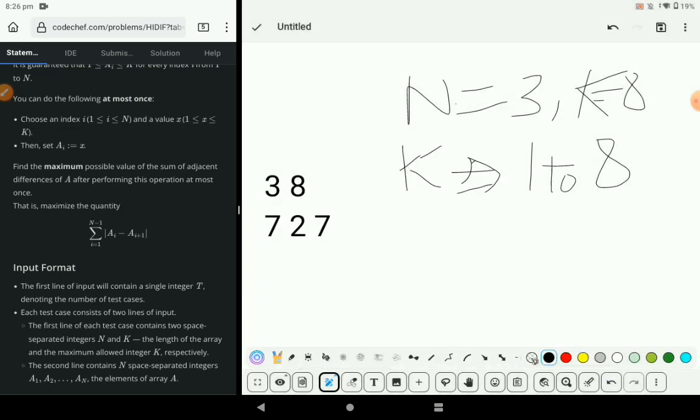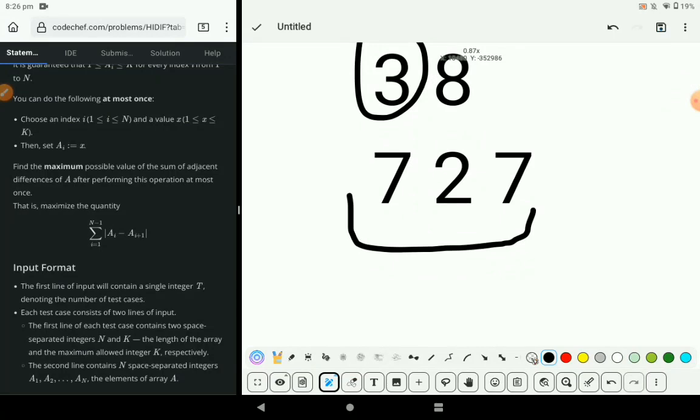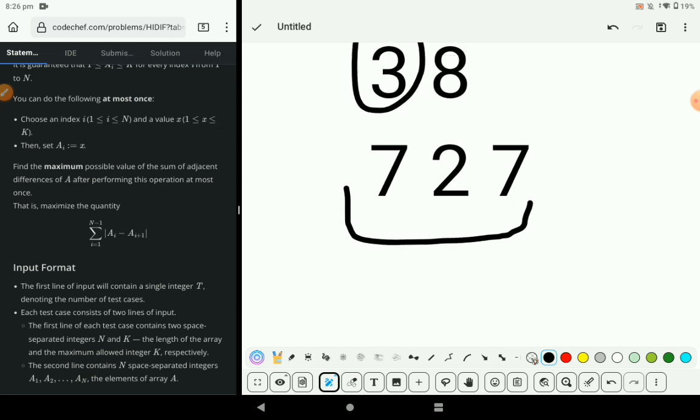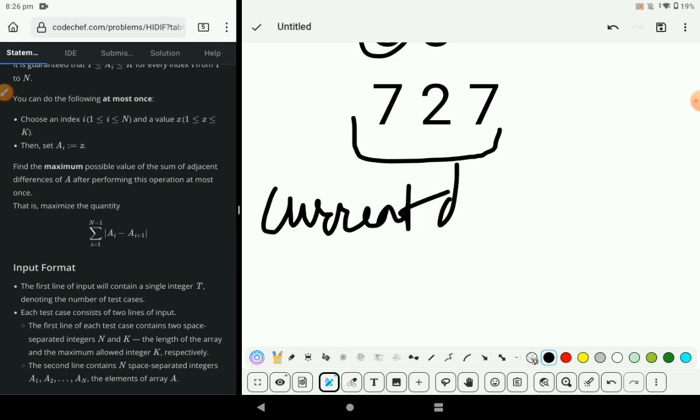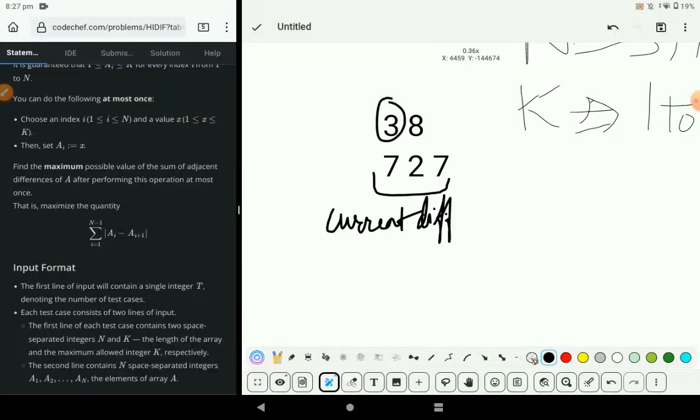Now what we have to do is find the maximum difference. Three elements we have been given in the array, with values 7 2 7. First of all, what is our current difference?